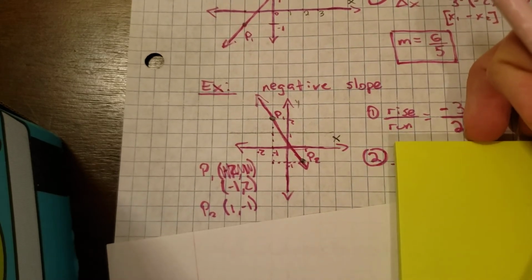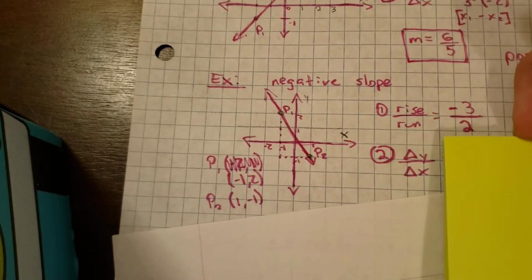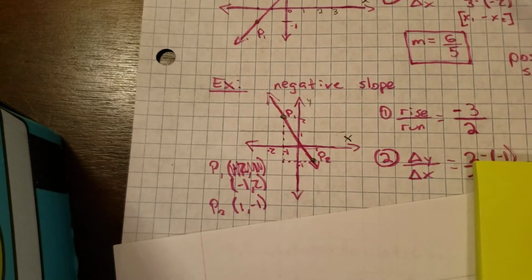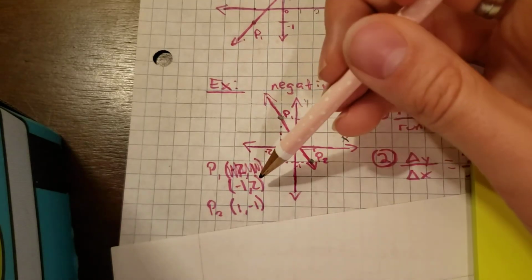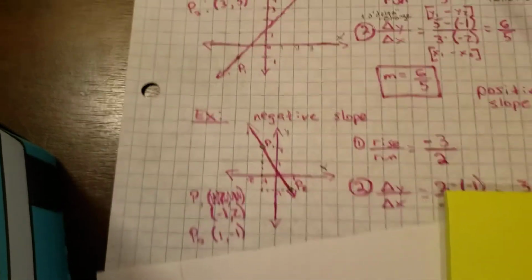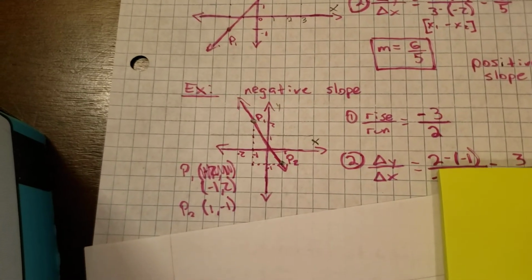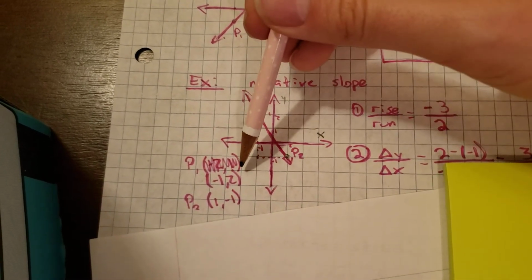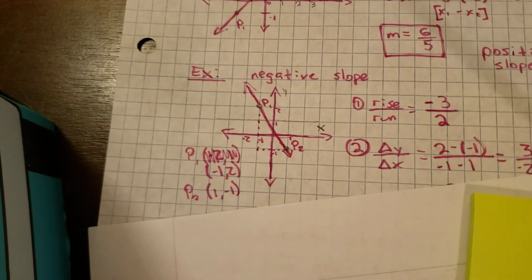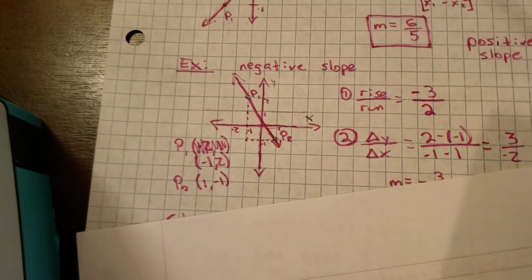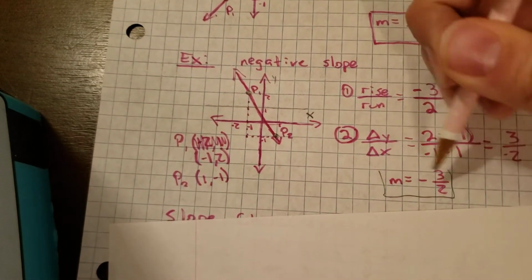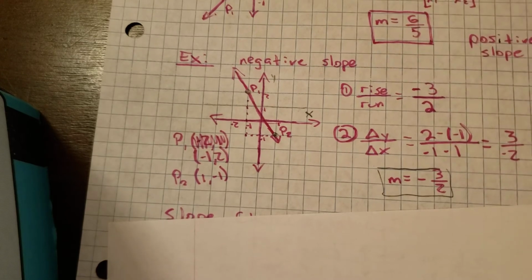Again, if we're going to solve this the mathematical way, change in y over change in x, let's say I do 2 minus -1. 2 minus -1 is going to be +3. But then, since this is my first point, -1 minus 1 over -2, giving us the same slope.